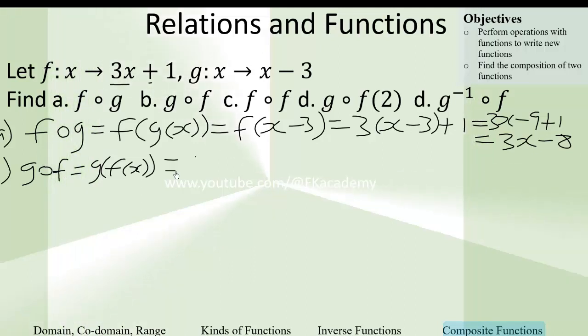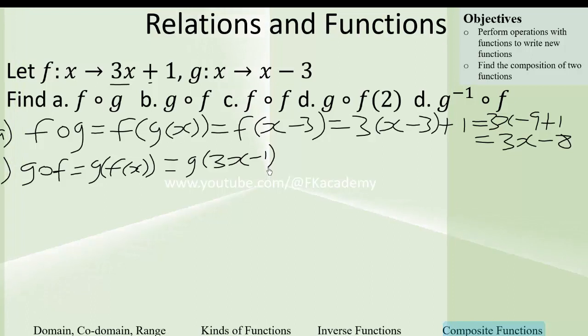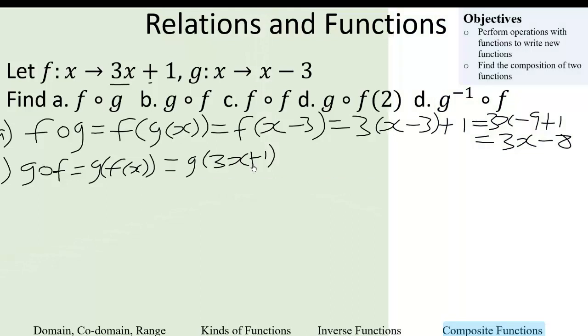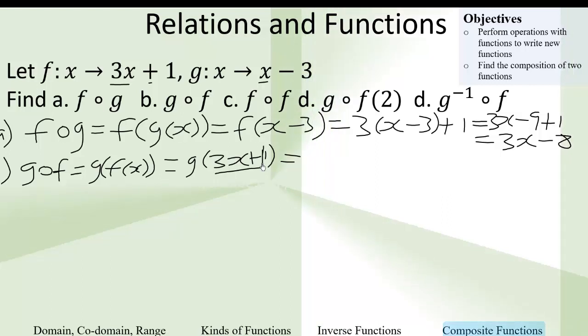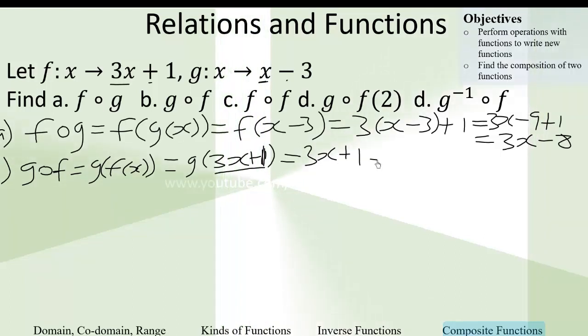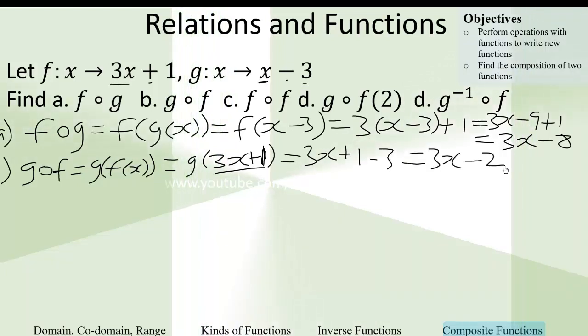So this is given by g of 3x plus 1, and we have the function rule for g to be x minus 3. So the whole thing has become x. So wherever you see x, you put 3x plus 1. So I'll put 3x plus 1 here. Then I'll bring this sign minus, then I'll bring this 3. So this will be equal to 3x minus 2.